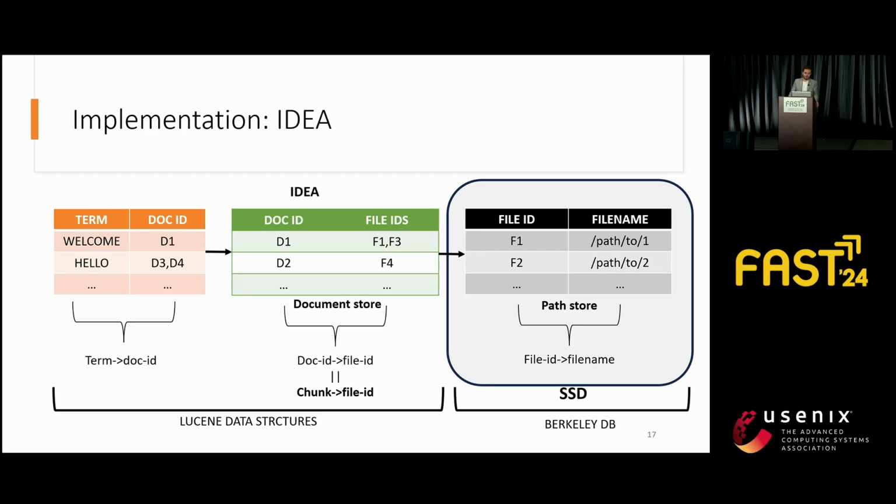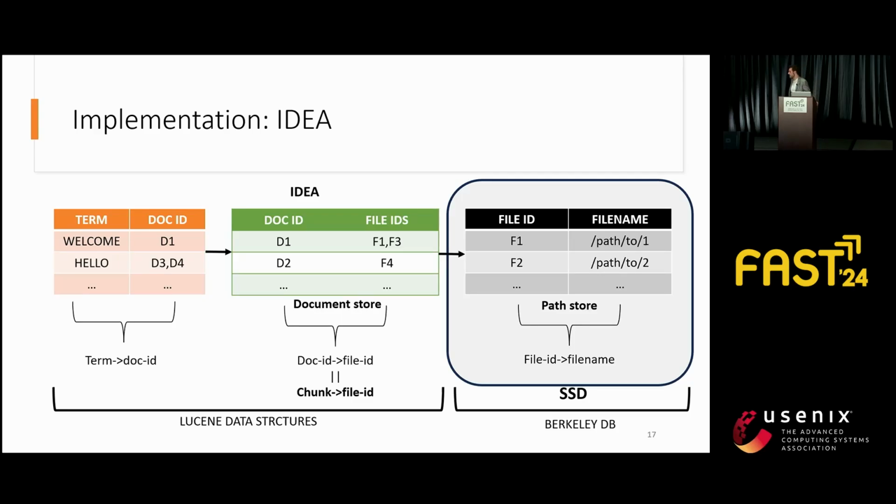And we also added another key value store that would map file IDs to file names, so that when a chunk points to a file, it will point to a file ID and not a file name, and that would save a lot of disk space, because the file path is going to appear once and not multiple times for each chunk that is contained in it.